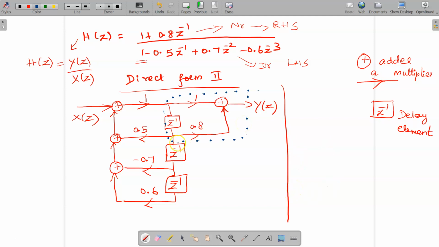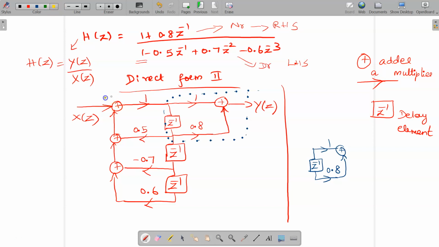So I am going to draw this part in the left hand side. So what I have: z inverse, here 1, here 0.8. I have 1 adder. So connect it.